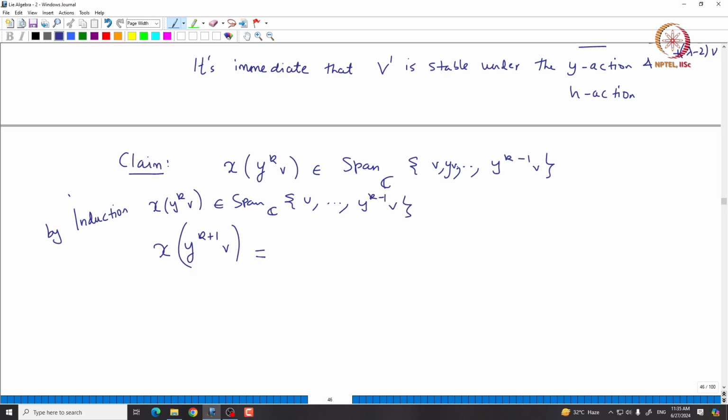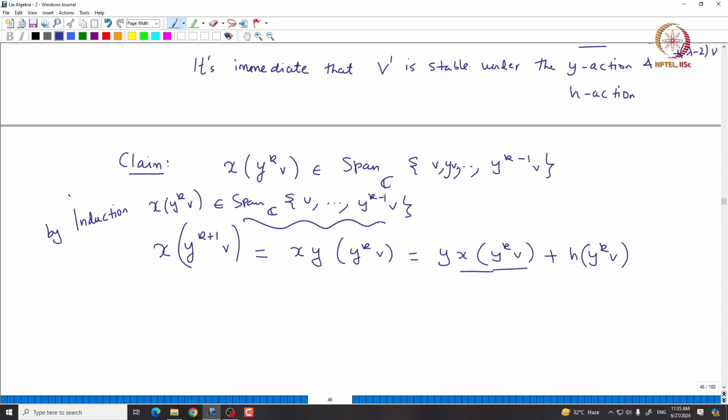So, now we are calculating this. This is going to be x y times y^k v. That means y x y^k v plus h y^k v. Note that this entire thing is going to lie inside this span of this.